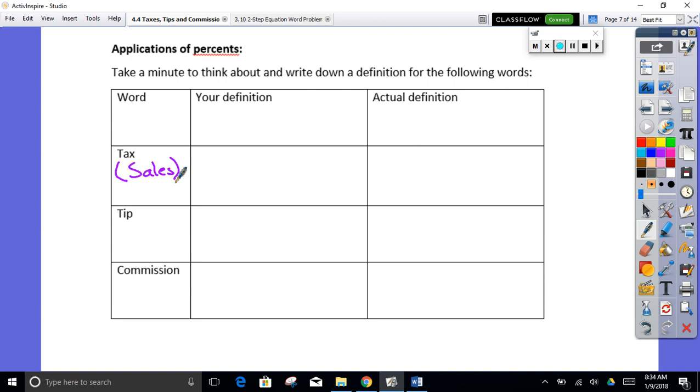Yeah, so you may have written something down here. I'm going to write as a definition, it's a percent of the purchase price that you pay.